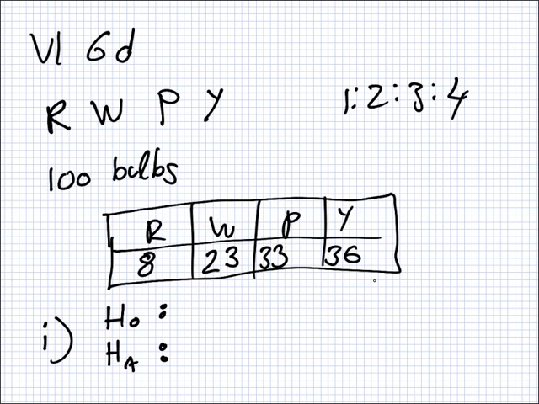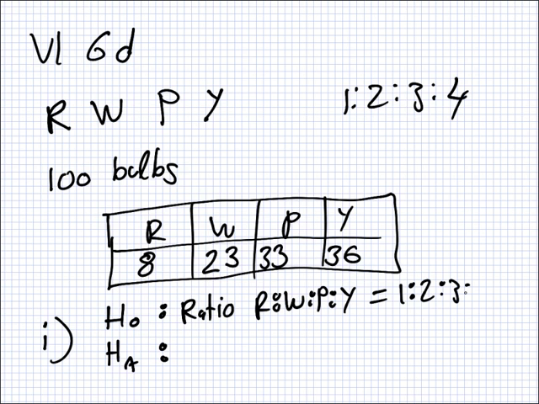Okay. Did anyone state a different way? Did you state it? No? Mubarak? Was that a word? Is that a yes or a no? Can we just put the ratio in? Yeah. You could. The simplest thing to do is just say the ratio red to white to purple to yellow actually is in 1 to 2 to 3 to 4.